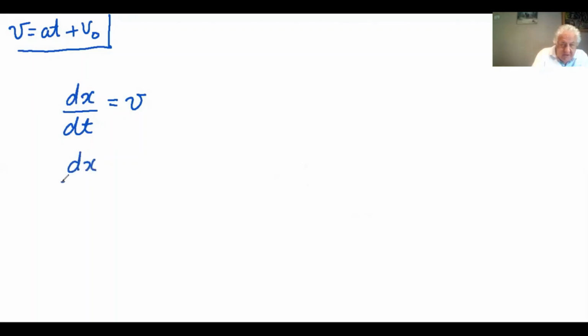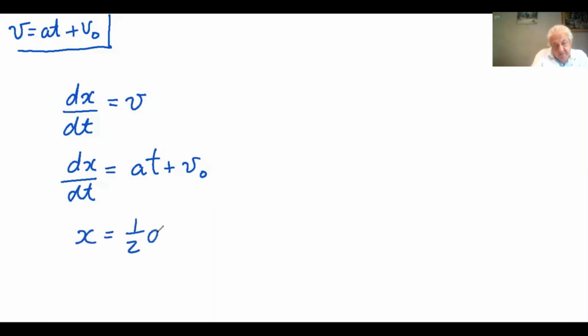So dx by dt equals at plus v0. Again, I solve this equation using the calculus operation of integration. Following the rules of integration, I get this. Again, I must get a constant of integration, c. To find what c is, again I set t equal to 0.